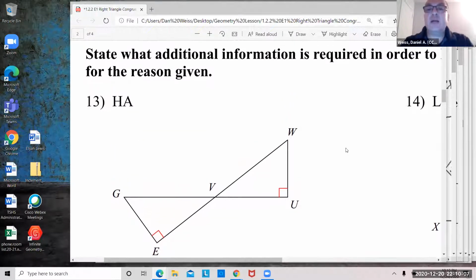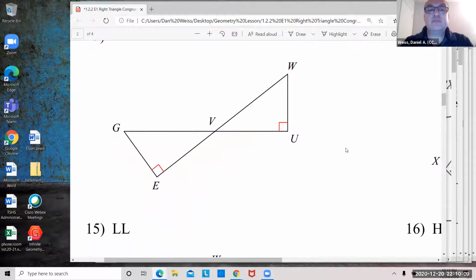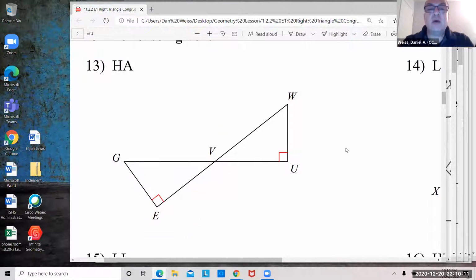Okay, so how do I make hypotenuse angle here? Remember that these two are equal because of vertical angles, right? So that's the angle. So I would need GV congruent to UV.